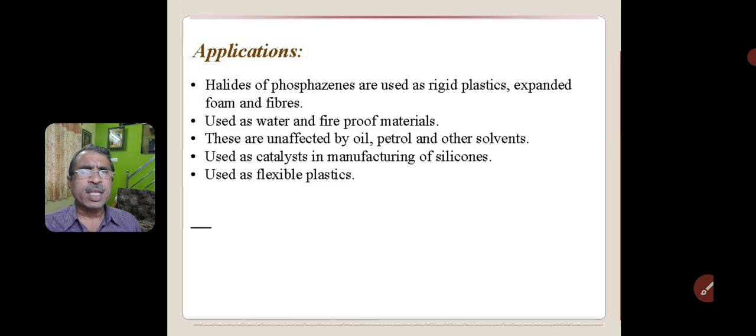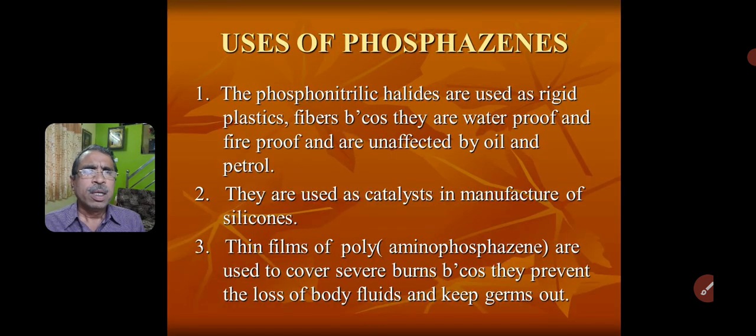These are also used as catalysts in the manufacture of silicones. These are used as flexible plastics. Apart from this, we come across many other uses. This slide also gives almost the same information that I have said earlier.